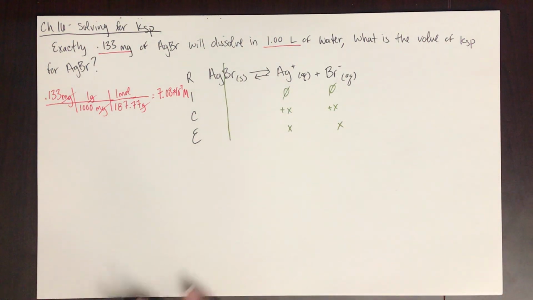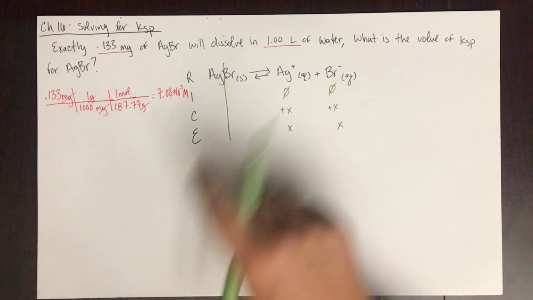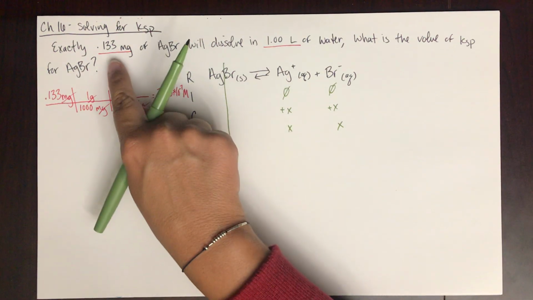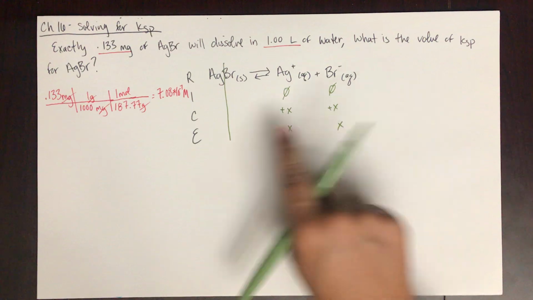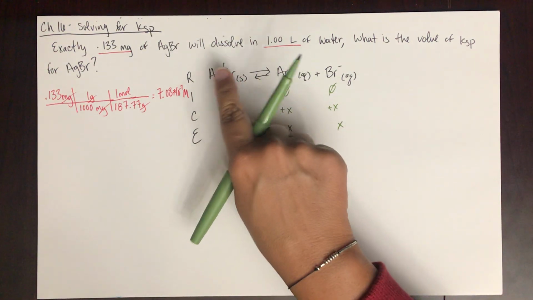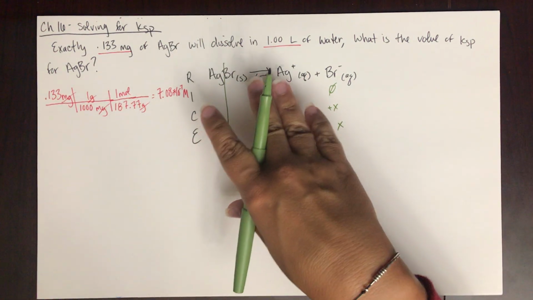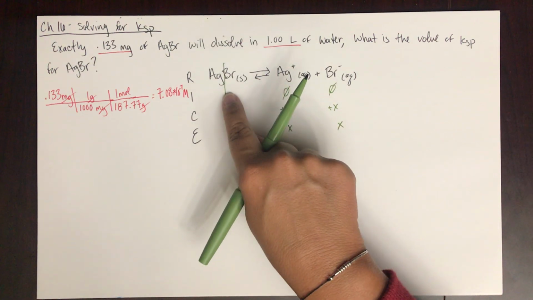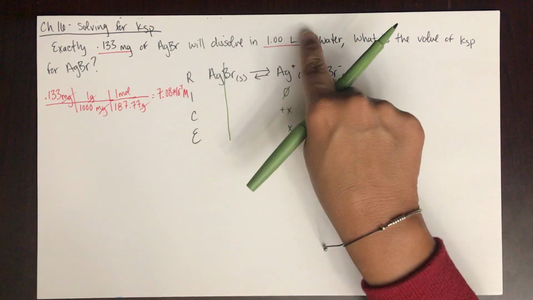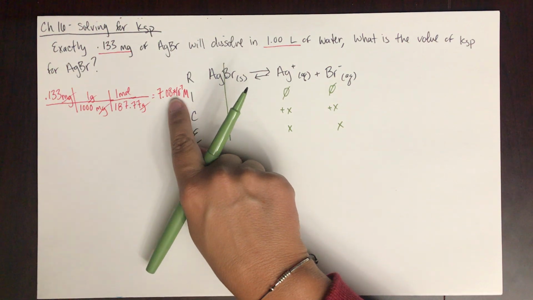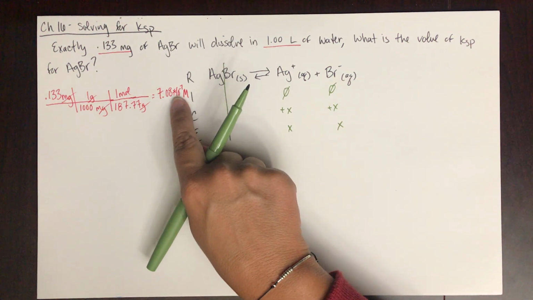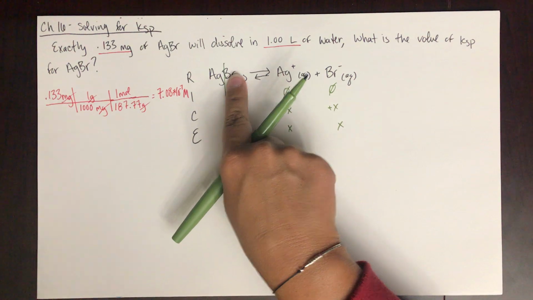So because this is a 1-to-1 ratio, if we know that 0.133 milligrams of silver bromide dissolved, if this wasn't a solid and we were allowed to put solids and liquids in, it would be 0.133 milligrams per liter, which is 7.08 times 10 to the negative 7th molar. This is the concentration of silver bromide that broke apart.